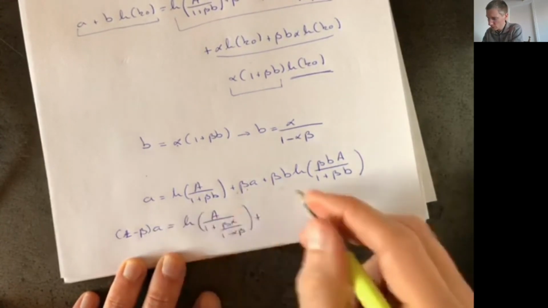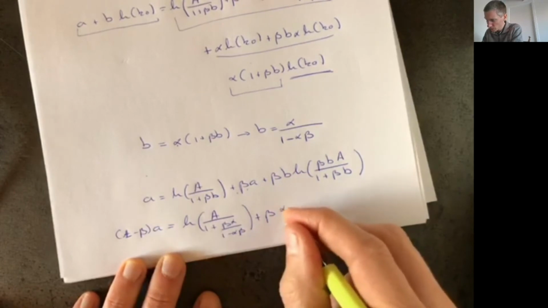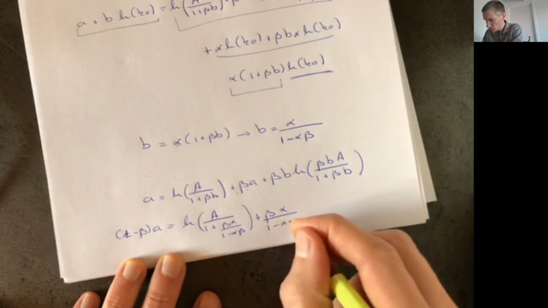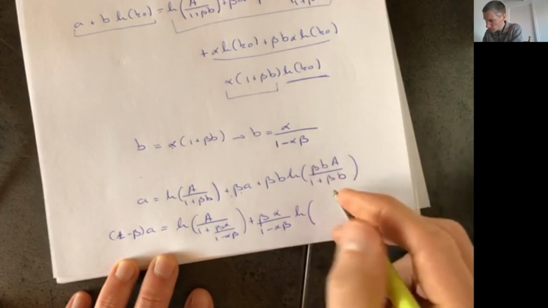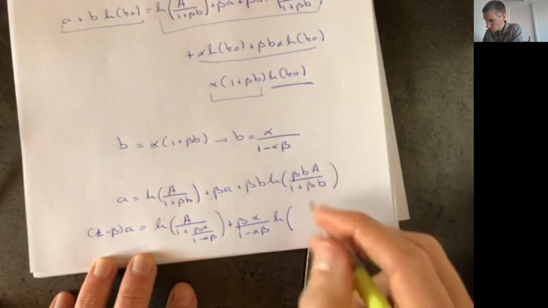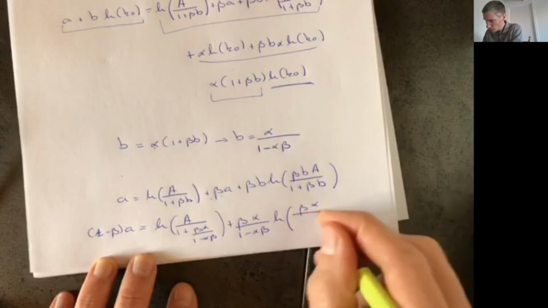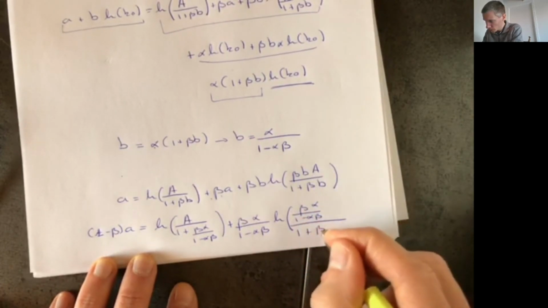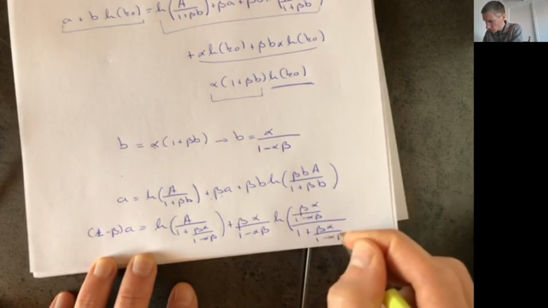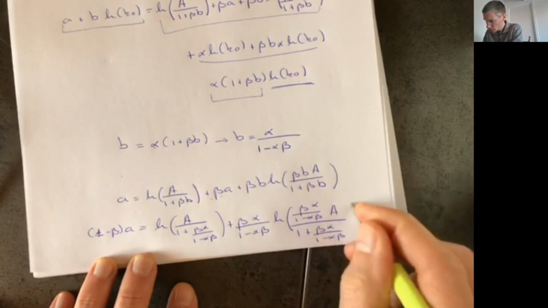This is already on the other side, plus beta alpha over 1 minus alpha beta ln of beta alpha over 1 minus alpha beta, and then over 1 plus beta alpha over 1 minus alpha beta, and then we multiply by a.